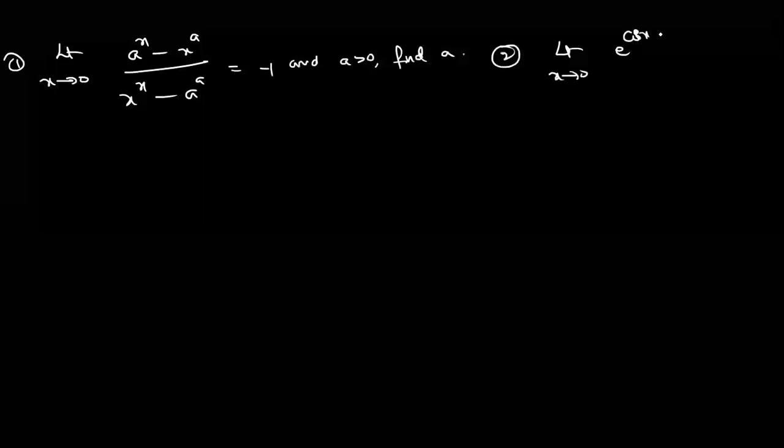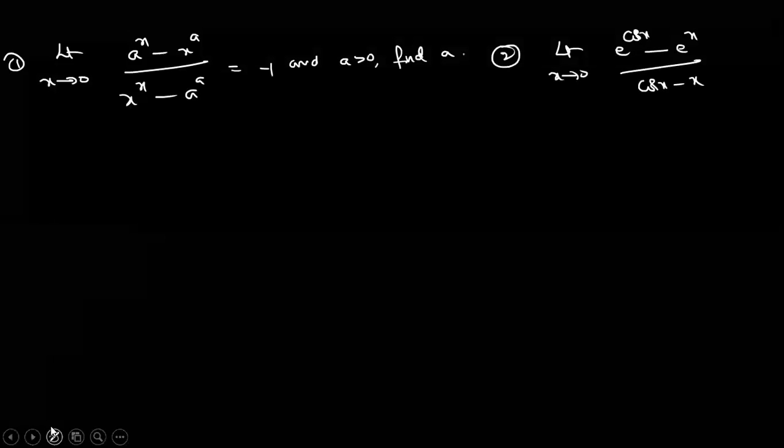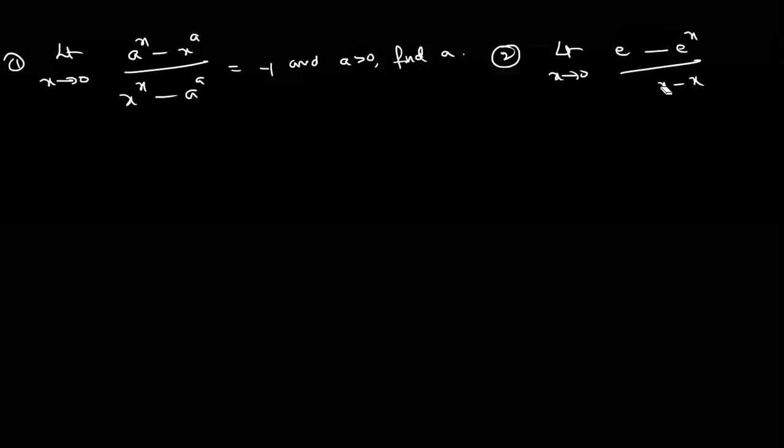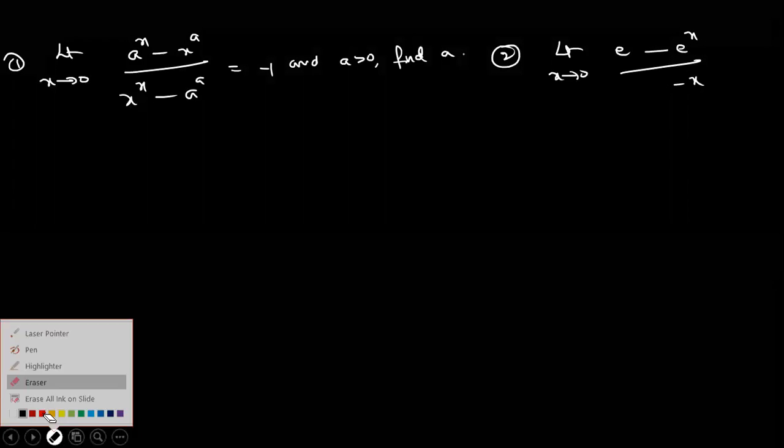Limit x tends to 0, e power cos x minus e power x by cos x minus x. Let me see whether it is correct or wrong. I think cos x is not good. Let's see. Maybe sin x. No, zero. Yes. So we can take sin x.